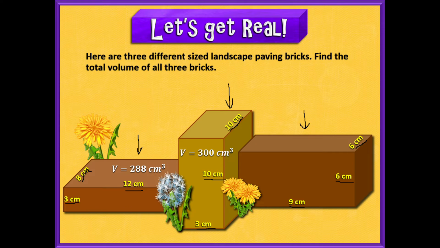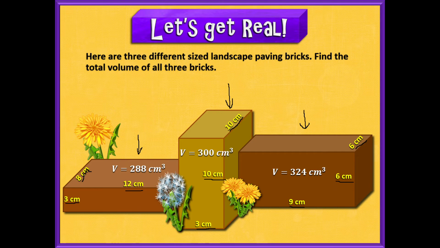What is 54 times 6? If you got 324, you are correct. The volume of the third landscape paving brick is 324 centimeters cubed.